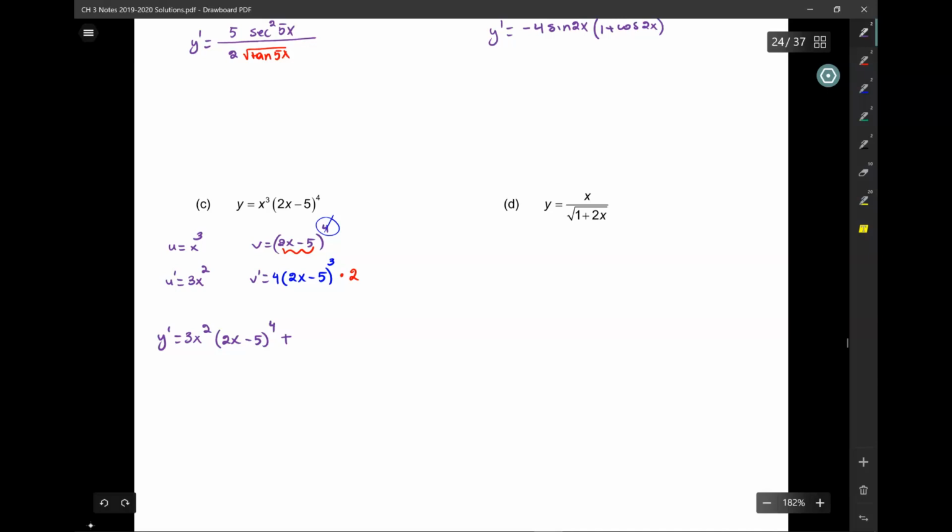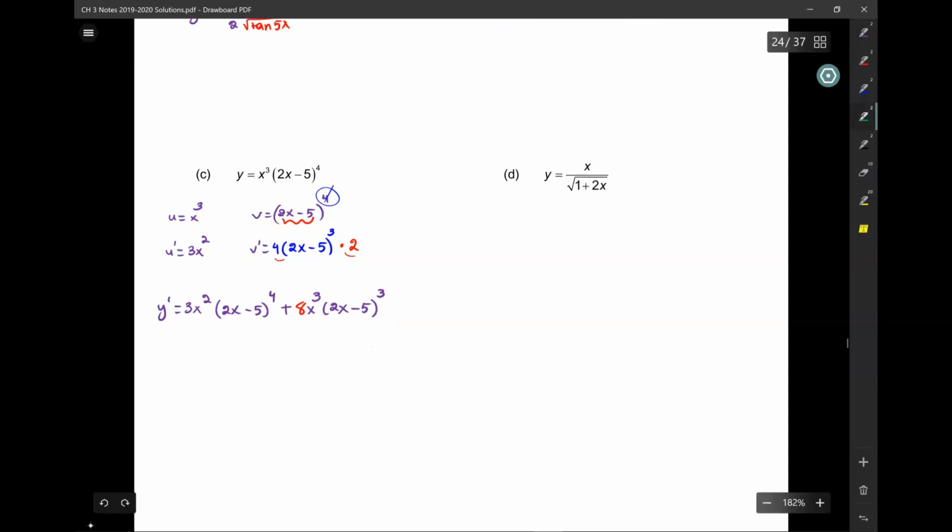So from here I have 2 times 4, 8x cubed (2x minus 5) cubed. What I did basically was simplify at the same time. I multiplied this diagonal first, then that diagonal, and I rearranged at the same time.